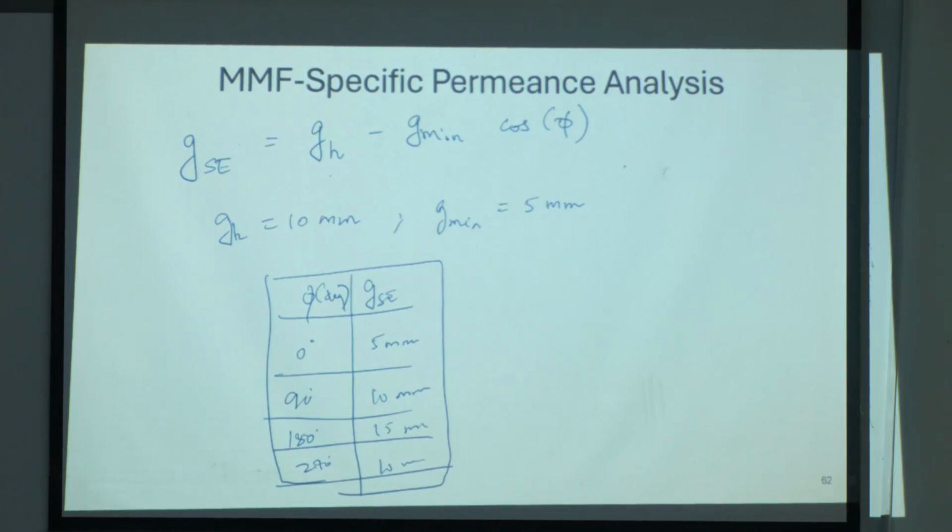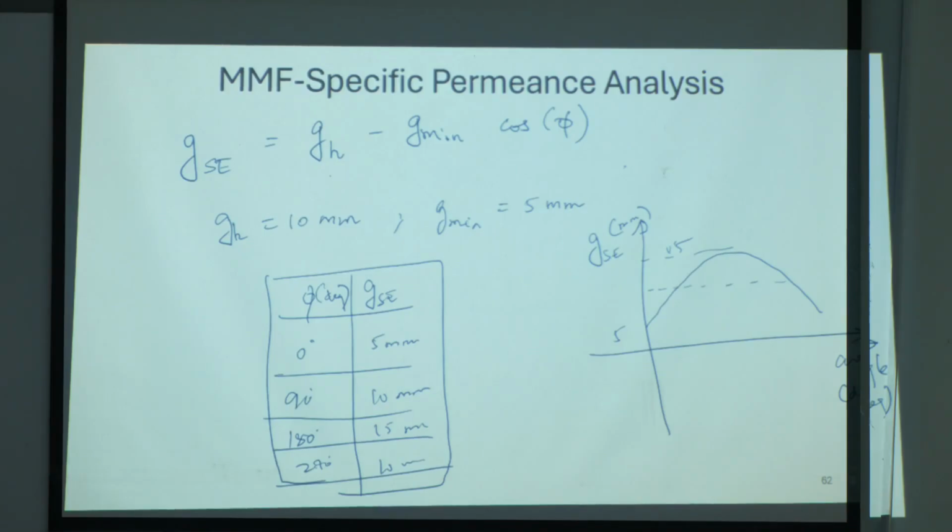So we can be safe and confident that whatever we say is correct. This is the mathematical expression for this function: air gap under static eccentricity versus angle in degrees, with 15 and 5 as the extremes.